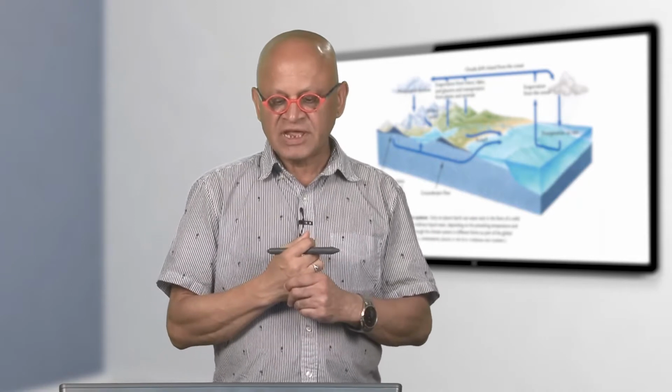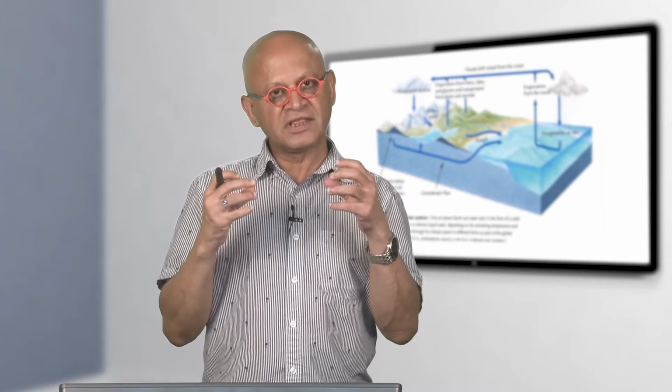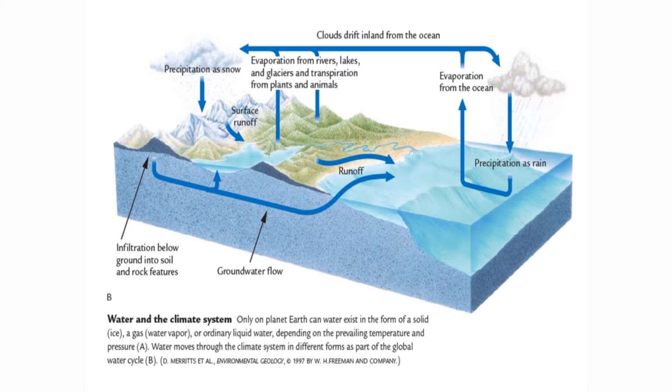The other thing that plays a very important role in the climate, the circulation and the energy balance is water. Why? Because this is a simplified, so-called hydrologic cycle figure, which shows that there are precipitations and evaporations happening all over the place. Precipitation can be rain.